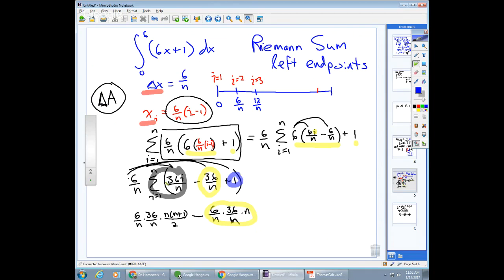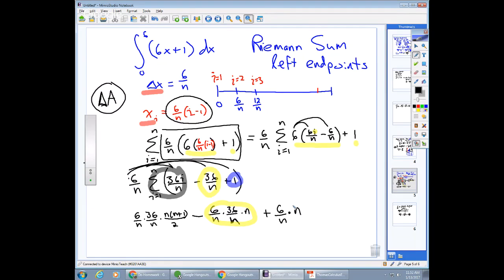This 1 right here, if you add up 1 a bunch of times, that's just an n, right? So when I add that on, now remember, we still have the 6 over n hanging around as a multiple of everything. And I have n ones, which is just n.